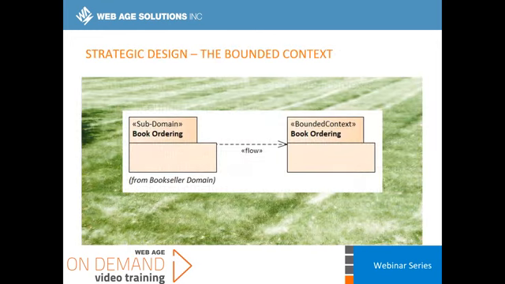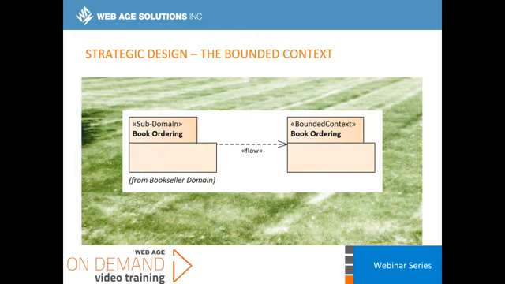So here is the mapping. Here I've got my bookseller domain, which was our core domain, and we subdivided it into 6 different subdomains. Now here we have a subdomain that is mapped to a bounded context. They both have the same name.